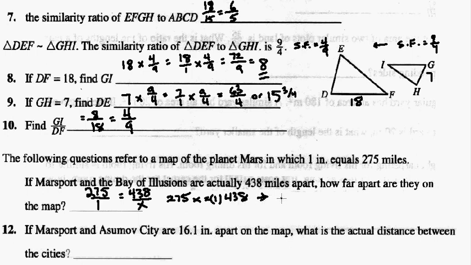This leads us to 275x equals 438. And now what we're going to do is divide both sides of the equation by 275. So x is equal to 438 divided by 275, and we wind up with approximately 1.59 inches.